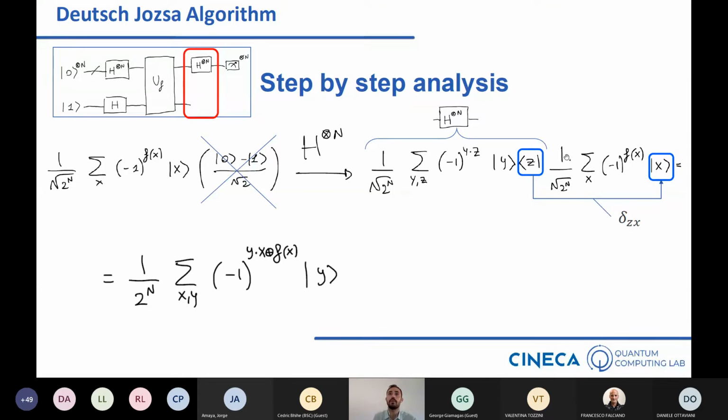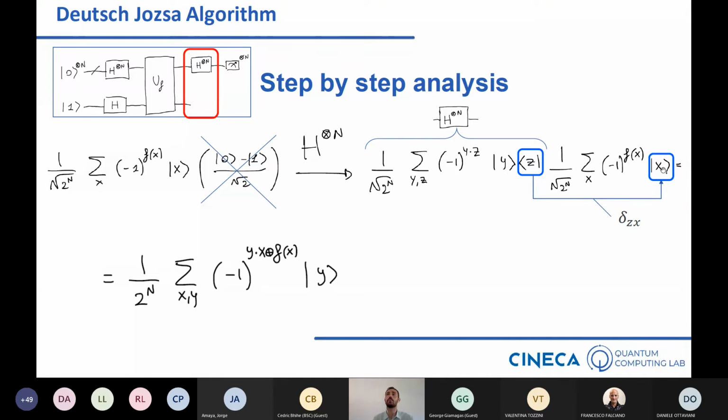And you have this term here, which is (-1)^(y·x), plus this term here. Since they are binary strings, they don't add normally, they add modulo 2. It's quite easy. Just remember that this is a scalar product.